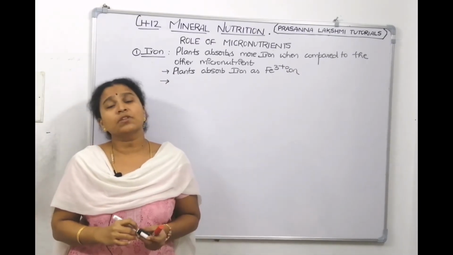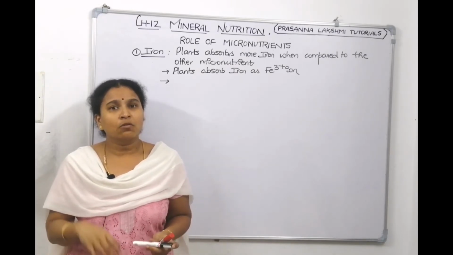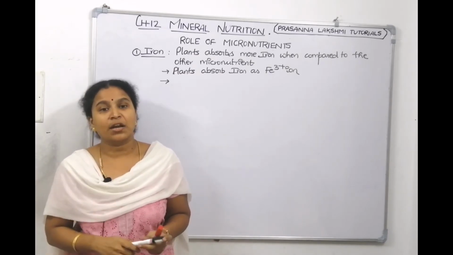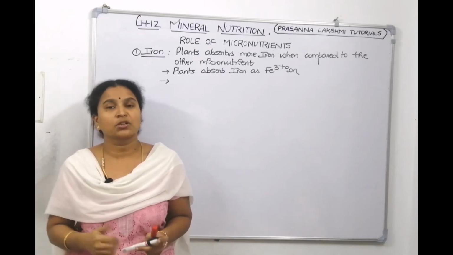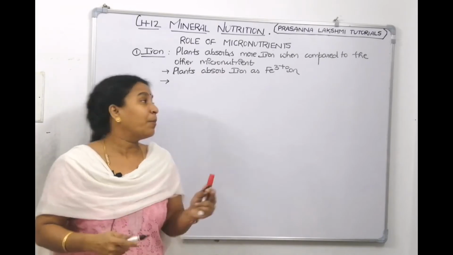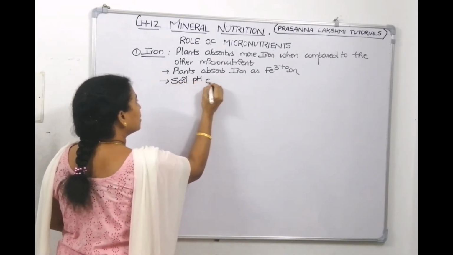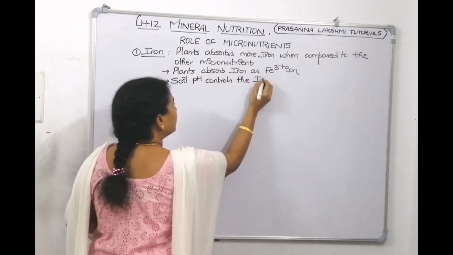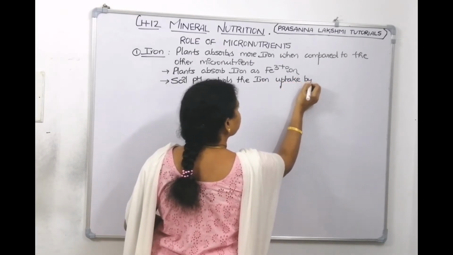Now the pH of the soil will decide the rate of uptake of the ion. We know neutral soil will be there, acidic soil will be there, basic soil will be there. Acidic soil is more suitable for iron absorption. So we can tell soil pH controls the iron uptake by the plant, right?